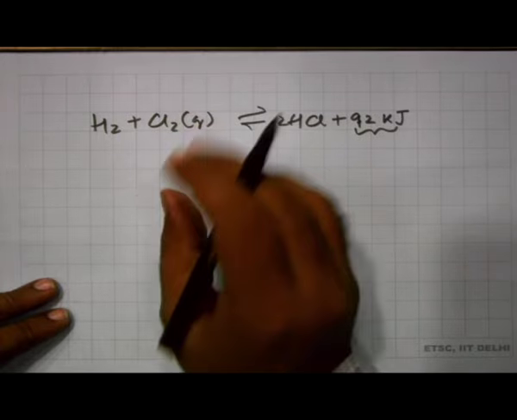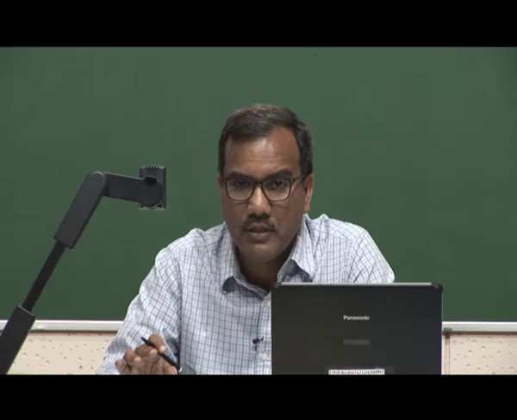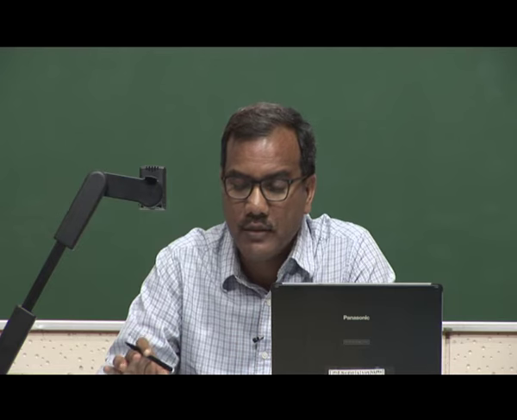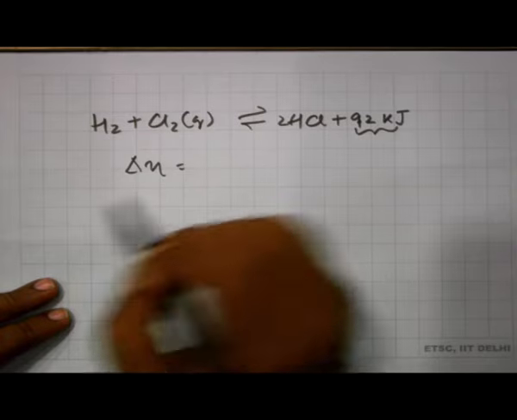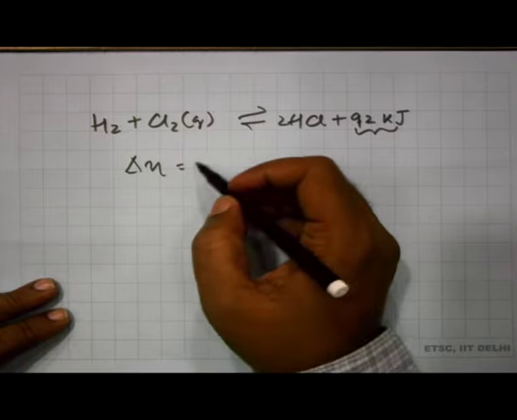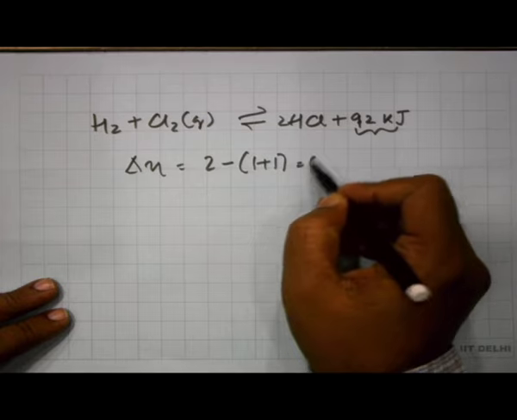What about pressure and volume? For pressure, looking at effect of pressure or volume at equilibrium, we must calculate delta n, and delta n is your 2 minus 1 plus 1, which is 0.